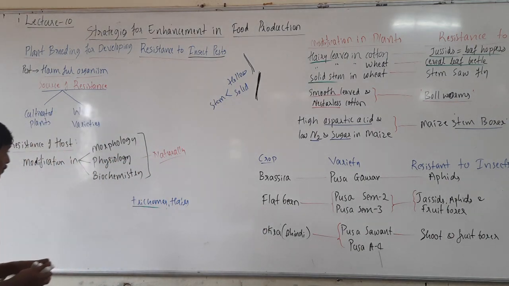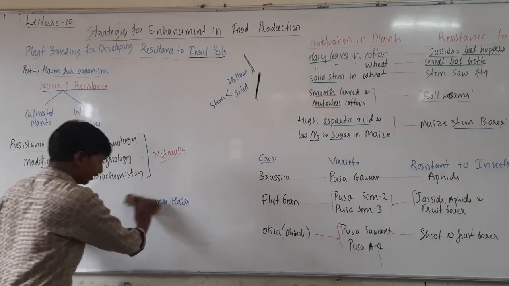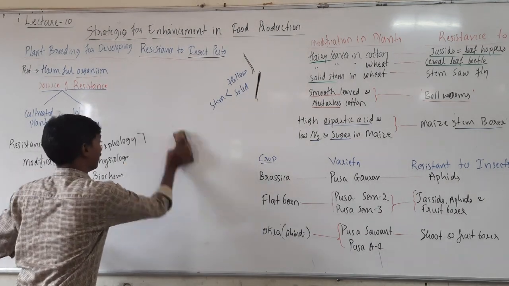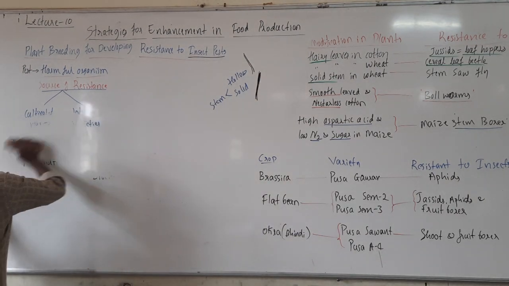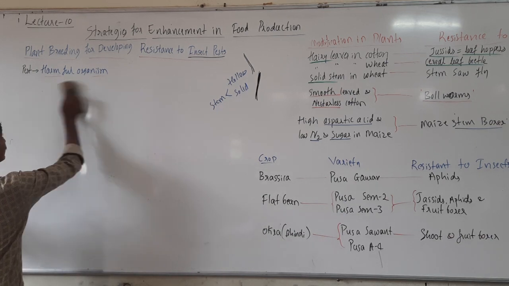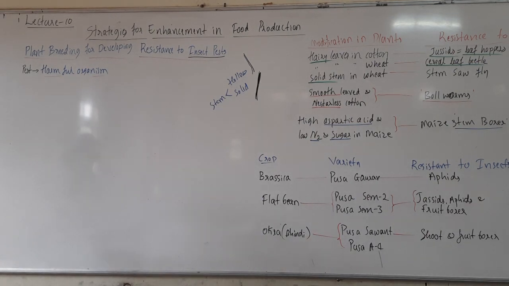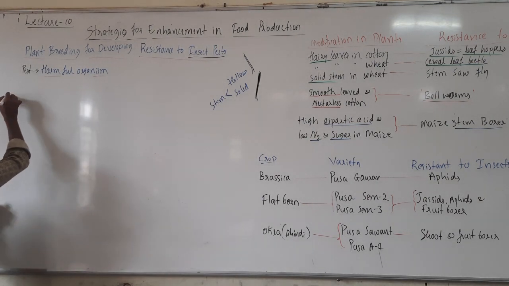Right. Now, we shall see how resistance can be developed by plant breeding techniques. What are the methods used to develop resistance against many insects? So, methods or steps.